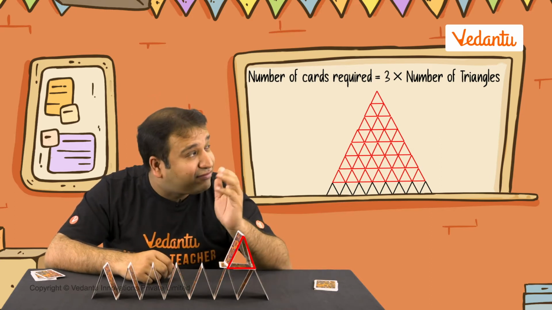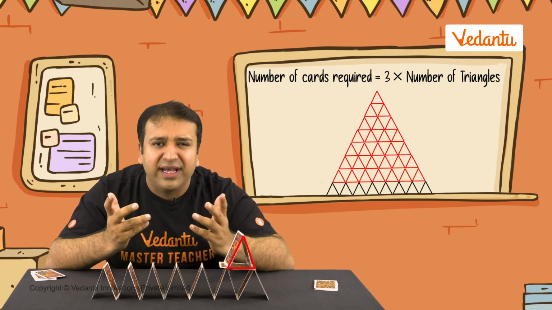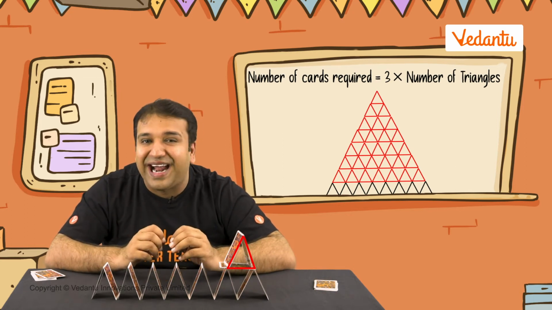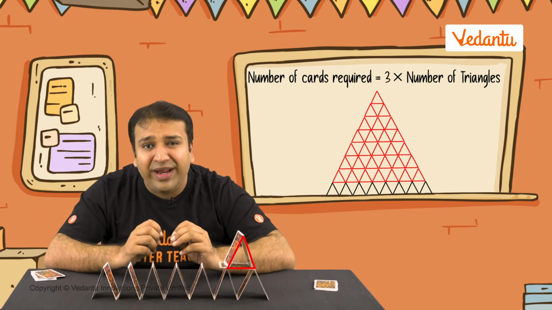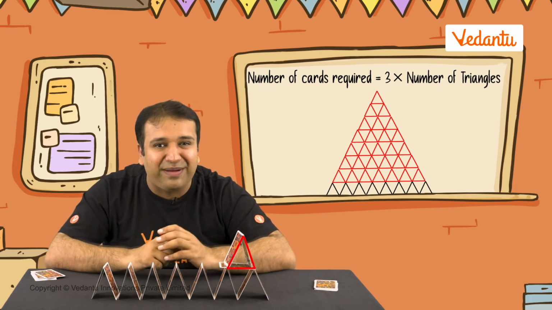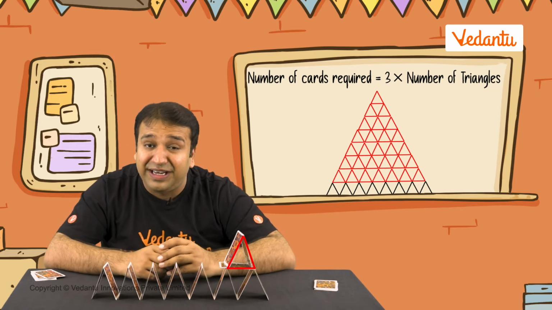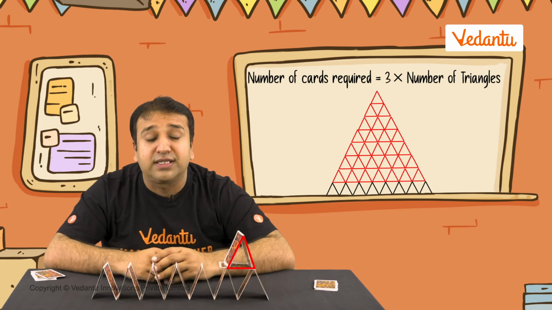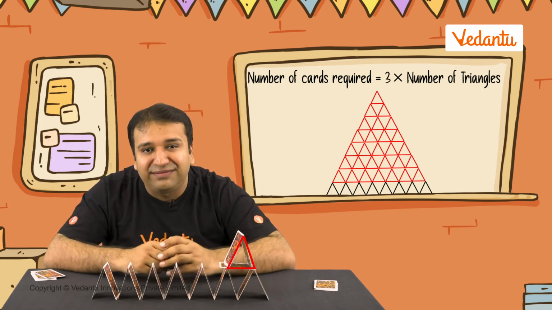Should we put 5 or 6 or any other number? But a number represents a value that is fixed. We need something to which we can assign any value to meet our requirements. Something representing the number of triangles. How about we use a symbol or a letter?